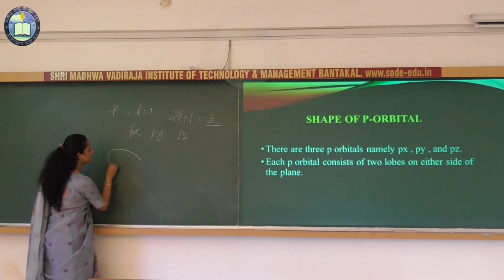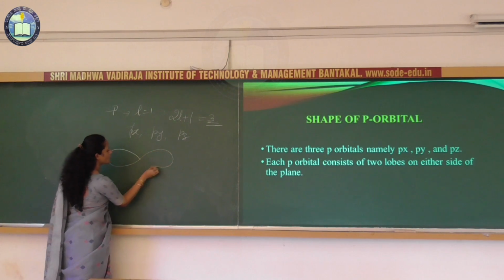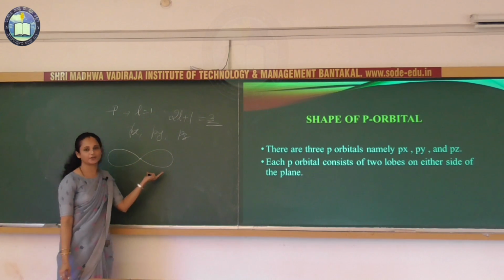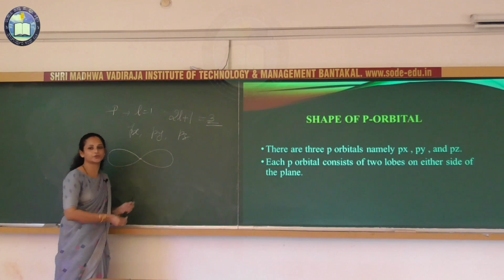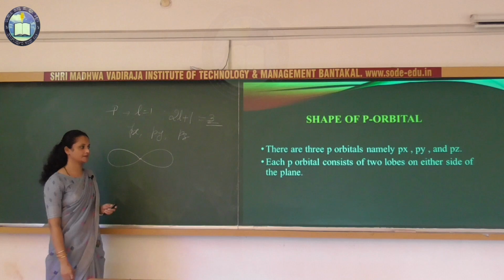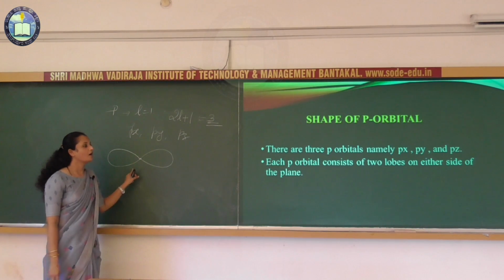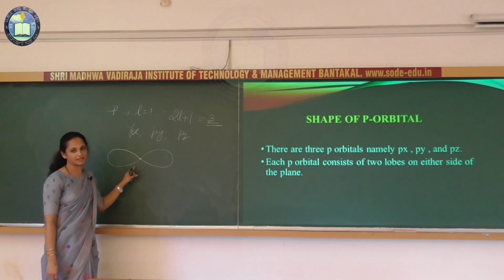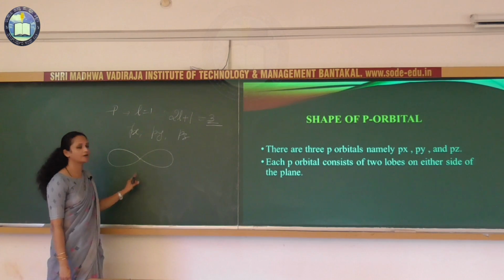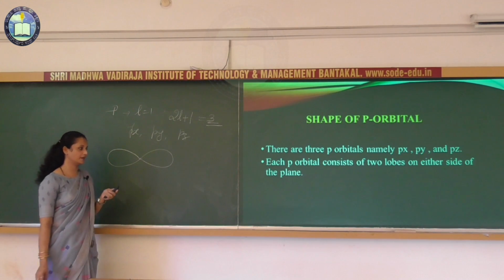Okay, the lobes come like this. So this is the shape of p orbital. You have to show two lobes, with the nucleus at the center, and lobes on either side of the nucleus.